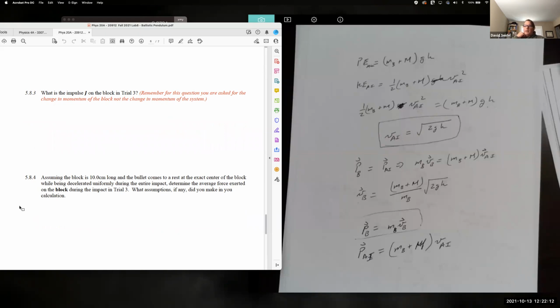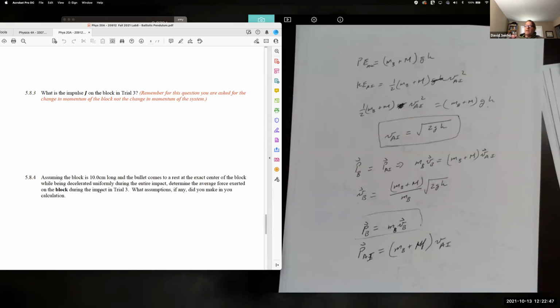the bridging problem. Going back to, well, I know the force is the impulse over the time, or delta P over delta T. Impulse is just delta P. So I know the average force is delta P over delta T, but I don't know delta T. But it's feasible to measure where the bullet ended up in the block, and I'm going to assume that happened over a short time.